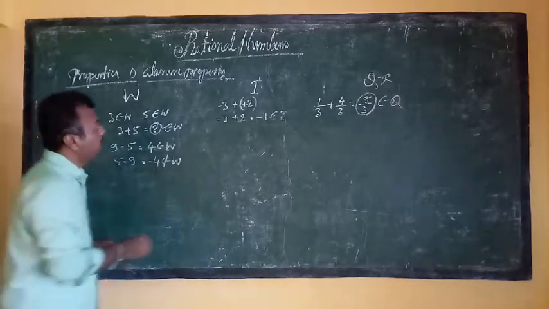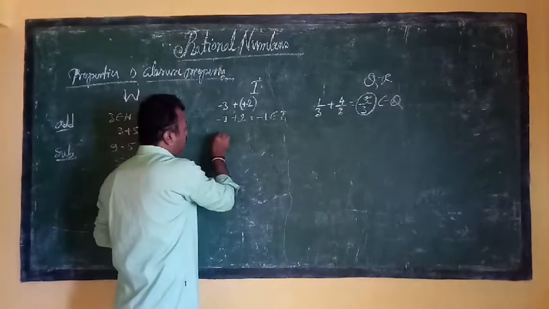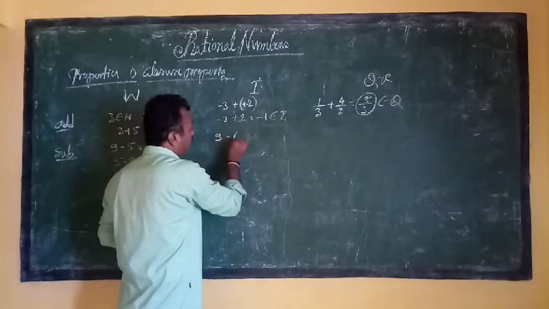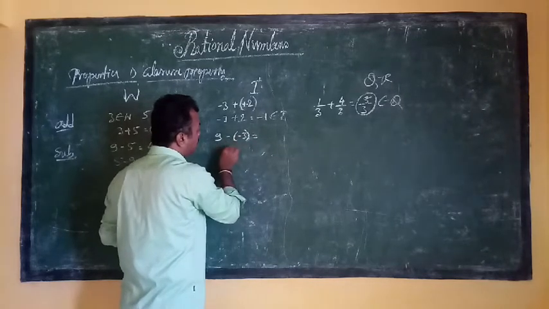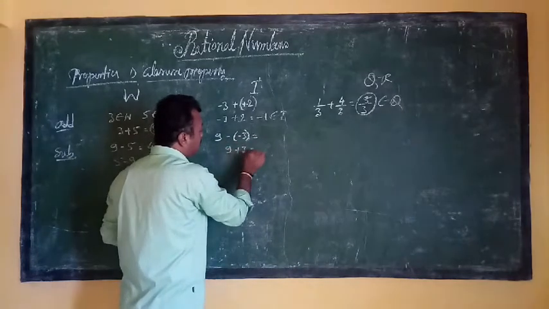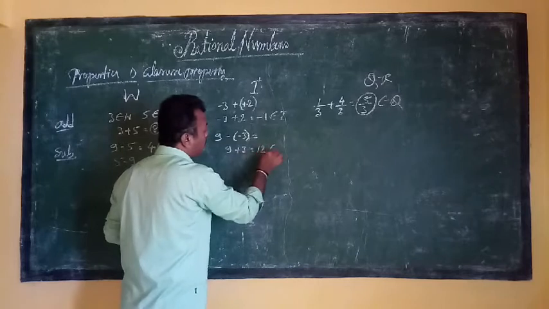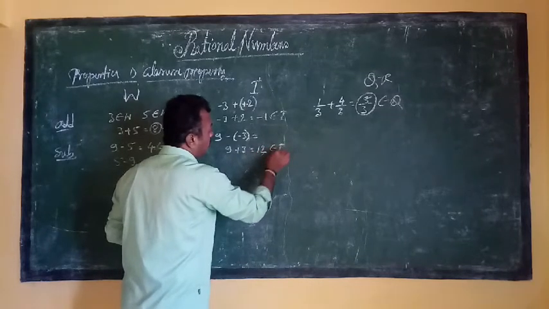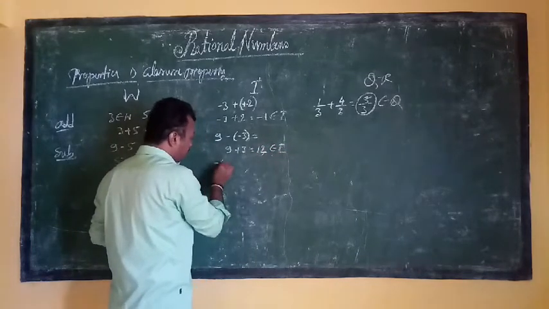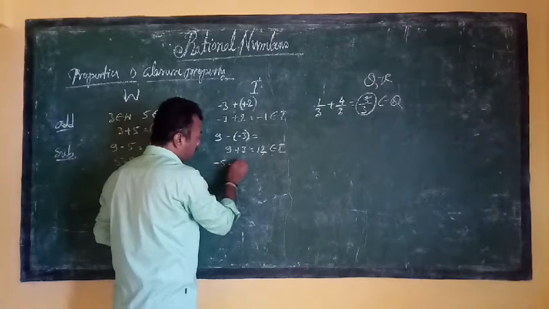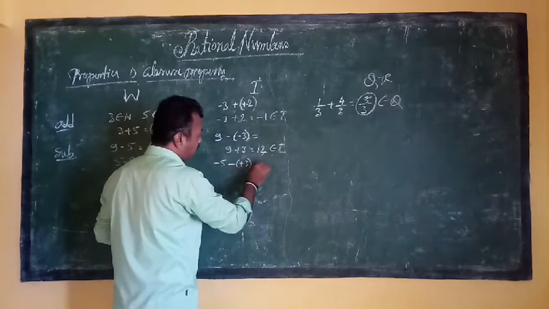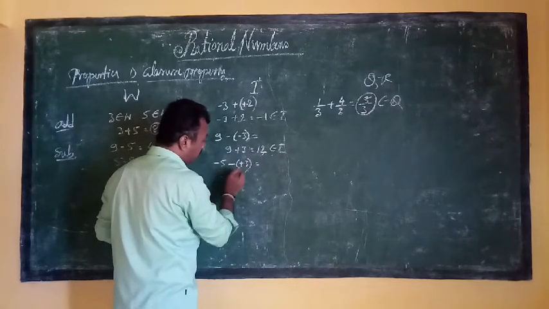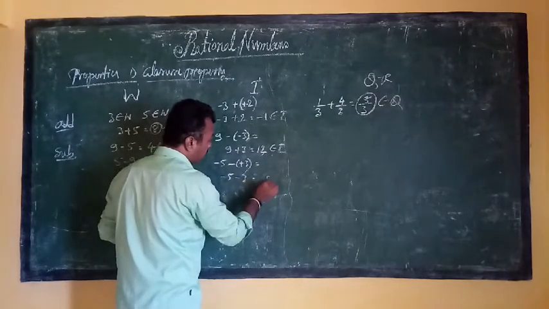Okay, that's why. Then integers I will take. So 9 minus minus 3, what does it become? 9 minus into minus is plus. 9 plus 3 becomes 12. So 12 belongs to the integers. Or minus 5 minus plus 3. See students, minus 5, minus into plus 3, so it becomes minus 8.